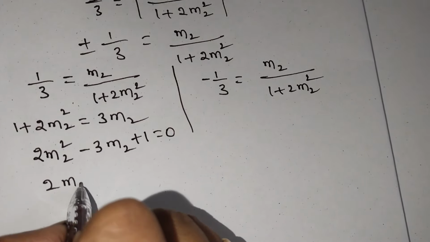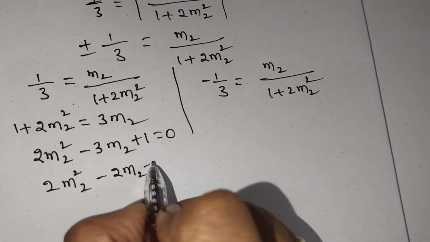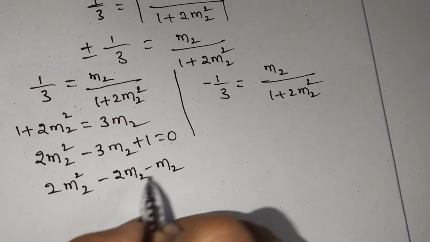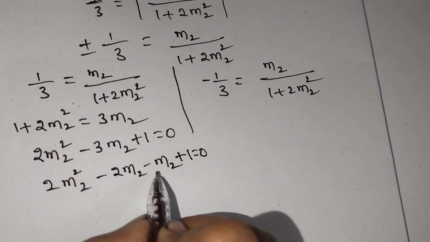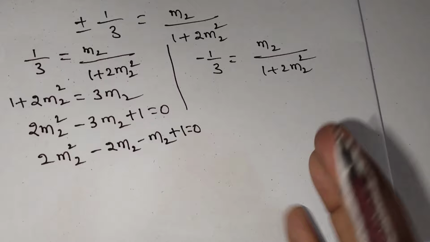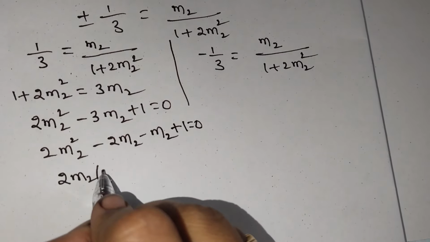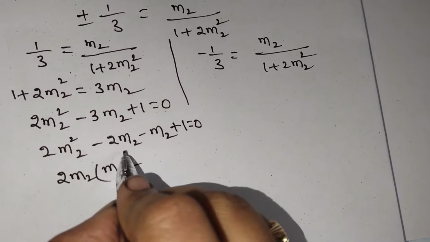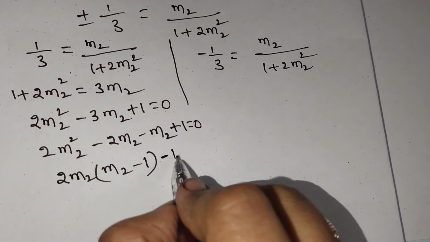Now how can we write this one? 2m2 square, that is minus 2m2 minus m2. We can split like this. Take 2m2 common; then here m2 is remaining, here 2m2 we took out, then minus 1. And here take minus 1 common.